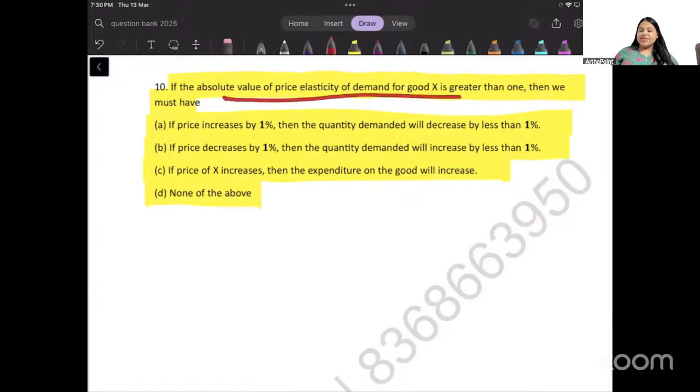एब्सोल्यूट वैल्यू ऑफ प्राइस इलास्टिसिटी इज ग्रेटर देन 1। तो इसमें क्या कर सकते हैं?